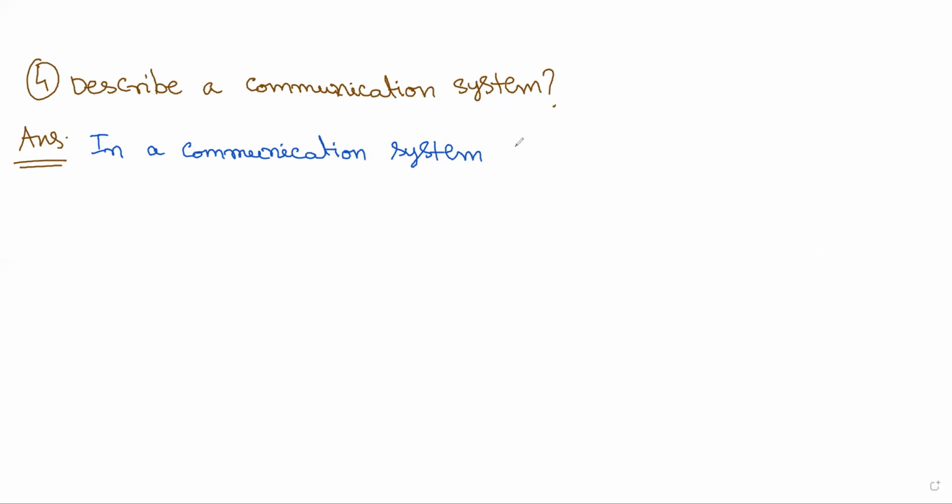the transmitter is located at one place.